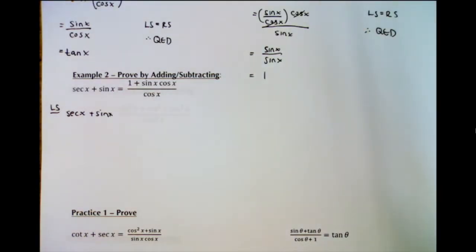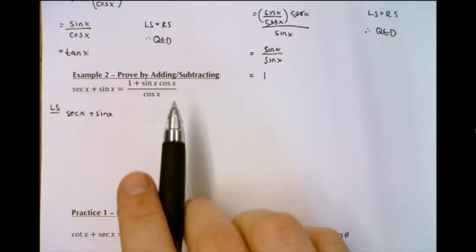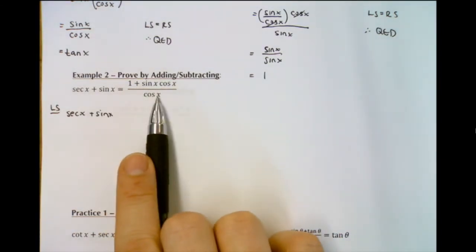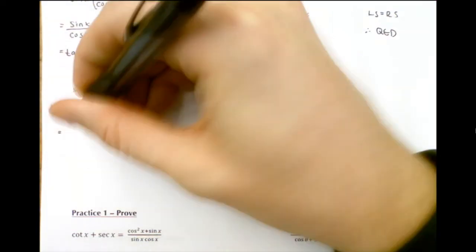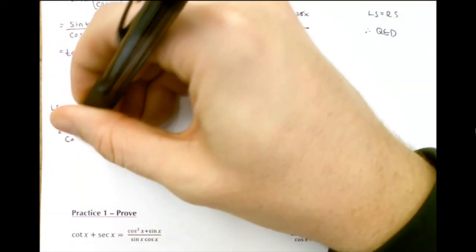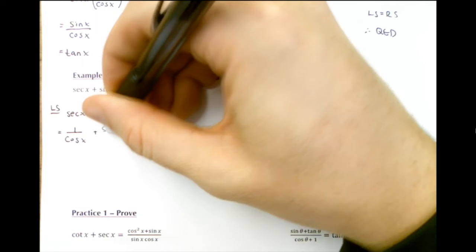I'm actually going to show you the proof from the right side as well, so we'll prove it both ways, so you can see that it really doesn't matter what side you pick. We're going to use the strategy of writing everything in terms of sine and cos. How come? Well, the right side is only in terms of sine and cos. The left side has a secant, so let's replace that secant with its reciprocal identity, 1 over cos x.